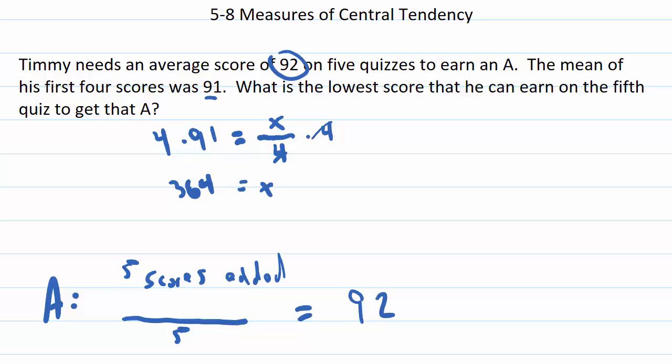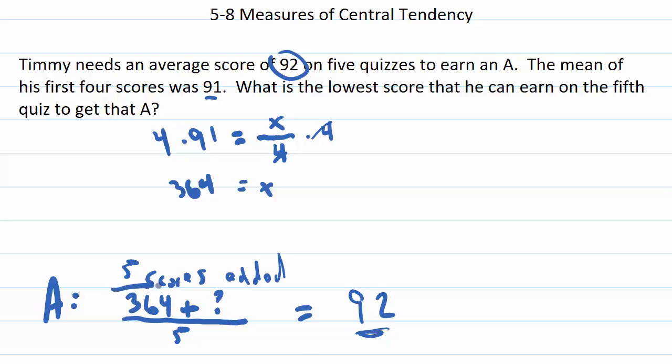Well, 364 is the score of the first 4, plus the 5th score. See that? So the sum of the first 4 scores plus his 5th score, divided by 5, has to get Timmy a 92 if he wants an A. Alright, so what do we have to do?